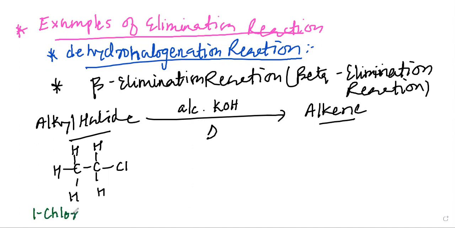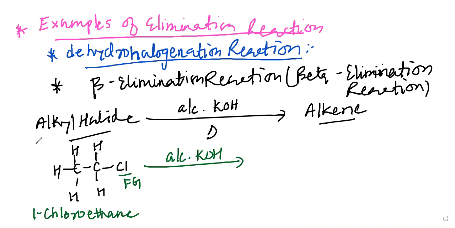Now what happens when this 1-chloroethane is allowed to react with alcoholic KOH? You can see that this is the functional group.